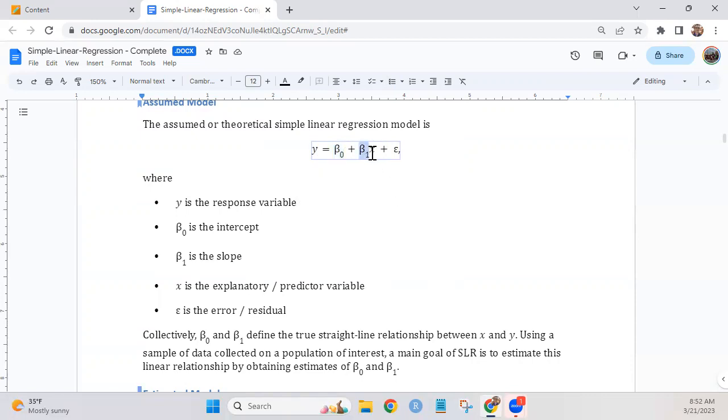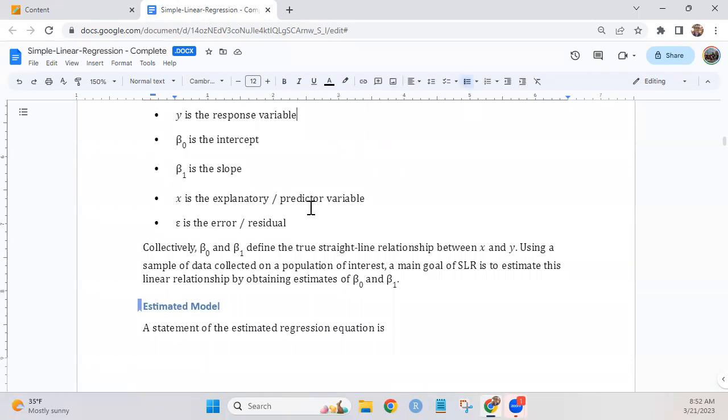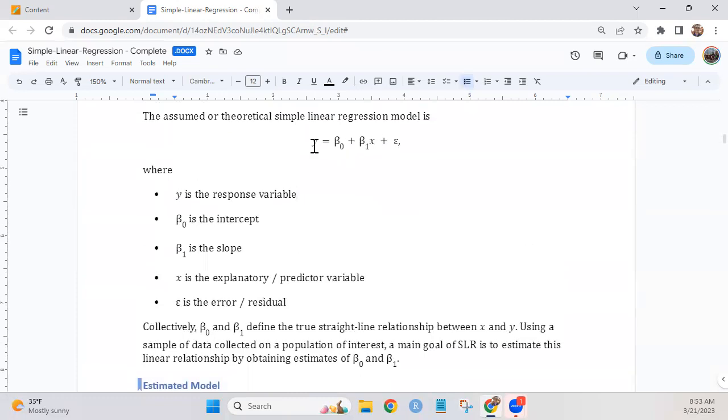And this beta one represents the true effect of the dosage level of our treatment, which again, we'll get a sample of data and we can estimate that, but we don't know the actual true value unless we had data on every single person in the world that we're interested in.